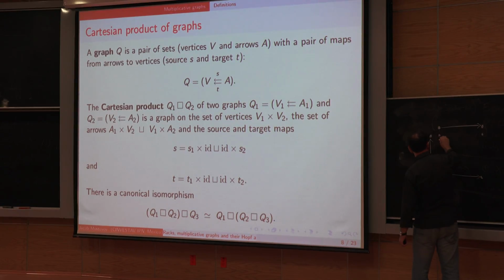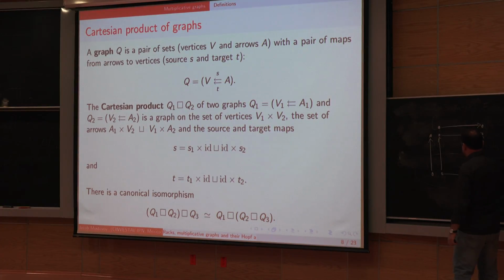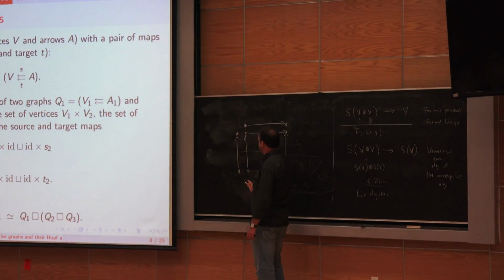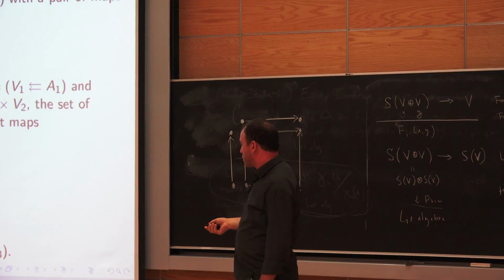So it's the true Cartesian product on the set of vertices, and then we just replicate the first graph along one direction and the second graph along the other direction. This is basically what this thing says.